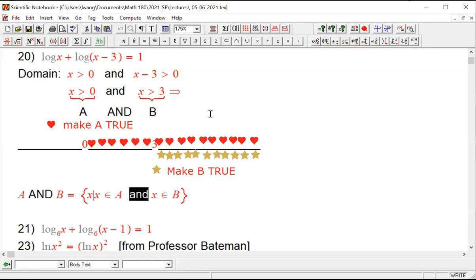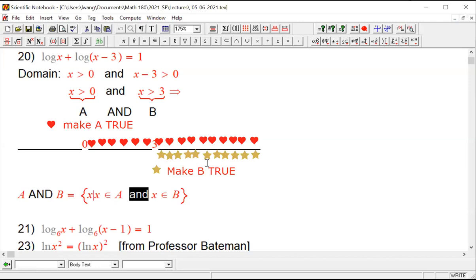When A is true and B is false, A and B is false. When A is false and B is true, A and B is false. Got it? So it is actually following that logic that we have determined the domain. Do you guys follow me? Do you guys understand? Logic.